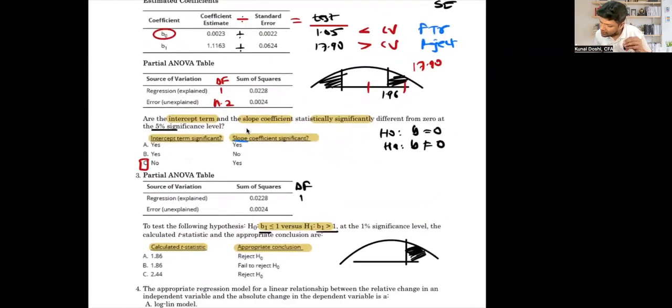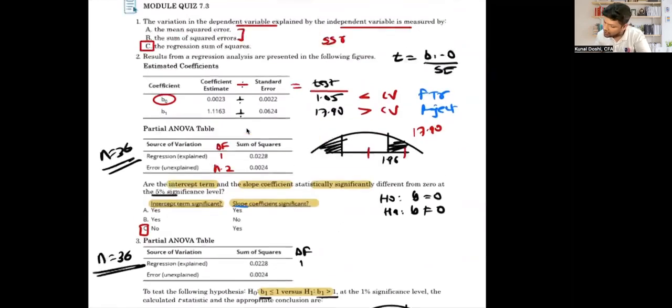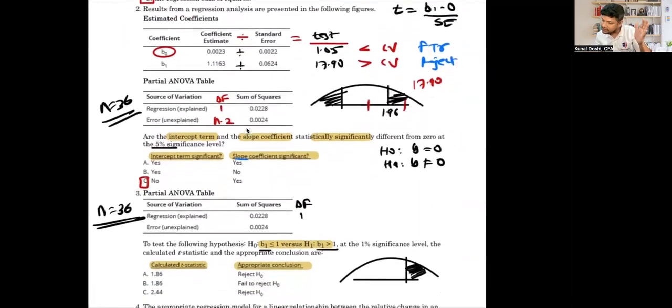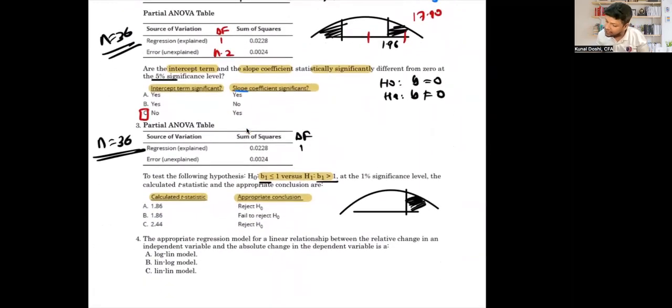Guys, please write here: the n is 36. Yes, I remember this question had a problem. N is 36, please write that. So the degree of freedom for unexplained is not there in the question. It's a mistake. So N is 36, right? So the degree of freedom here will be 34.